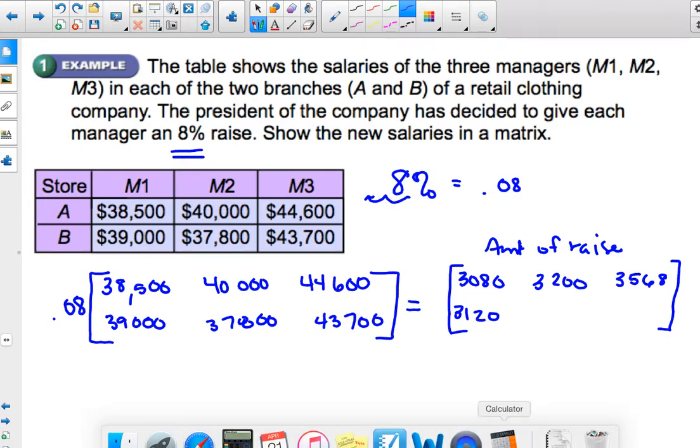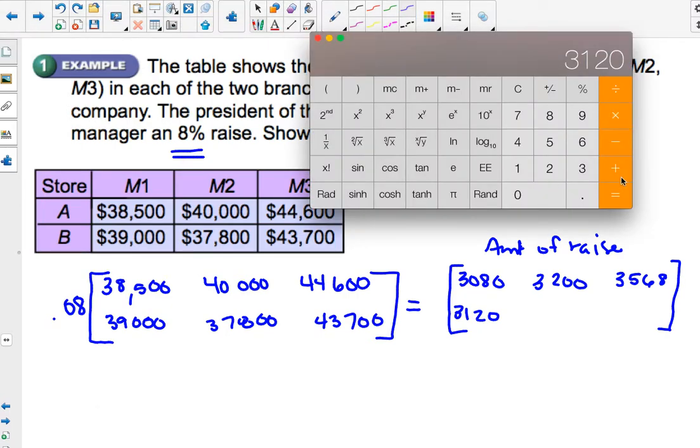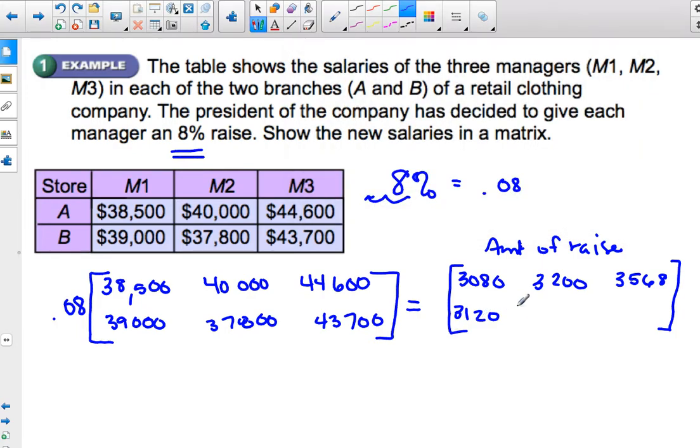37,800 times 0.08. Having a handheld calculator would be so much faster right now. That gives us 3,024.